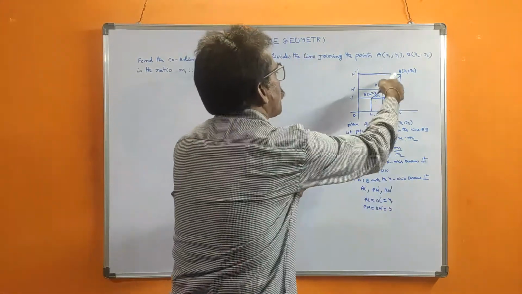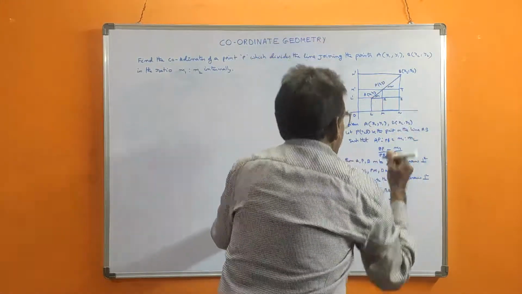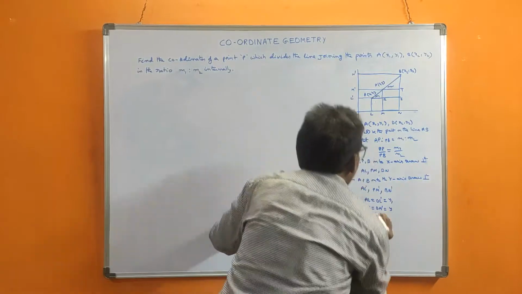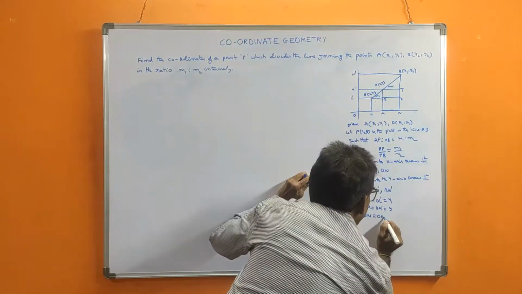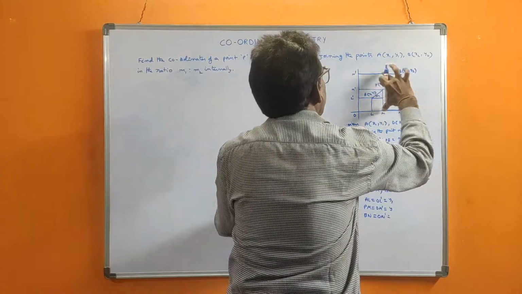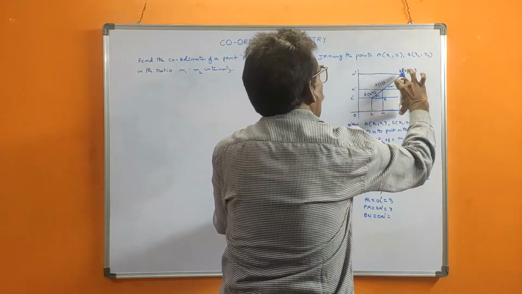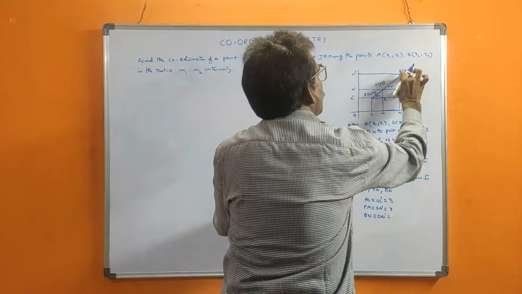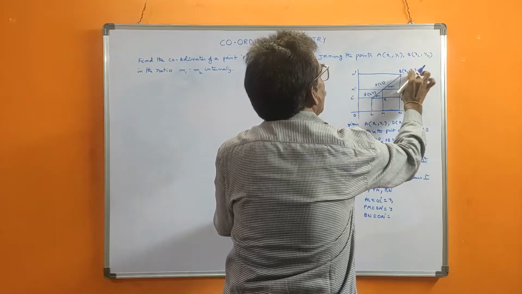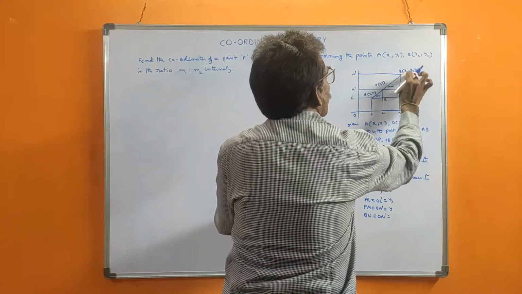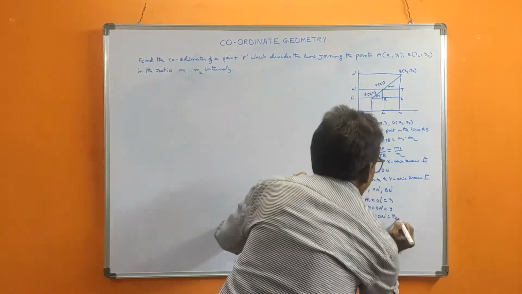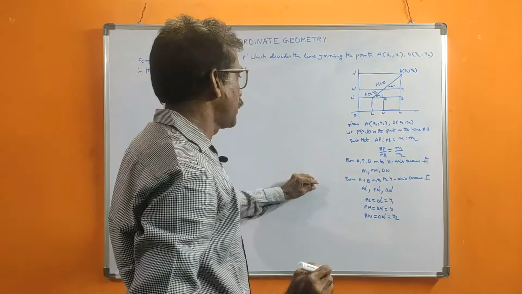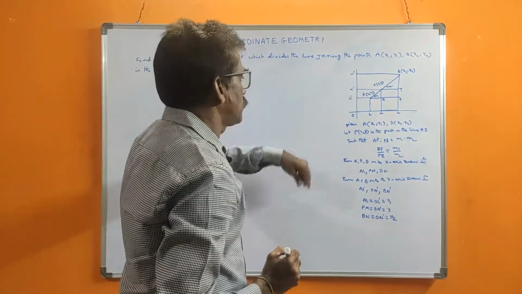Next for B, BN is equal to ON dash. This is the vertical distance of point B, that is y2. Vertical distance is y, horizontal distance is x, that's why this coordinate is y2.